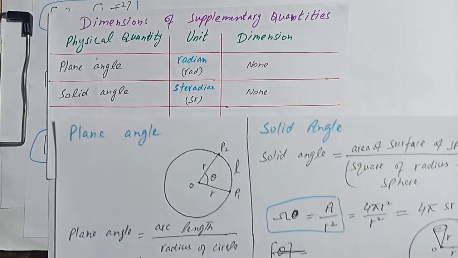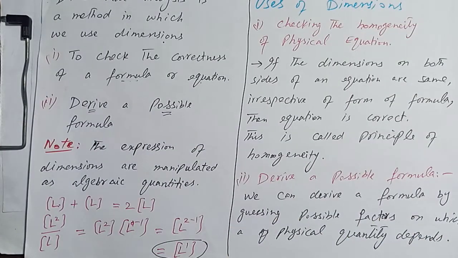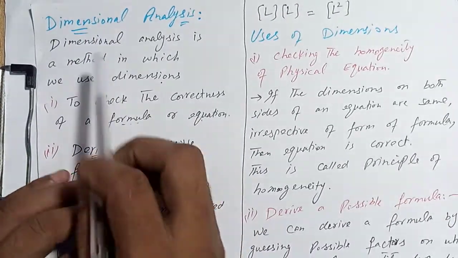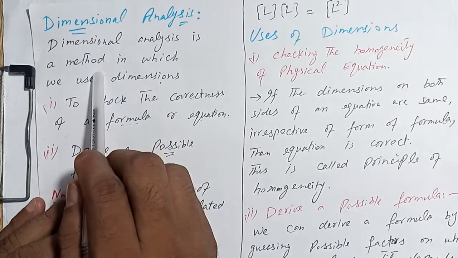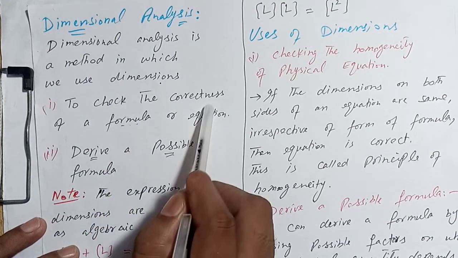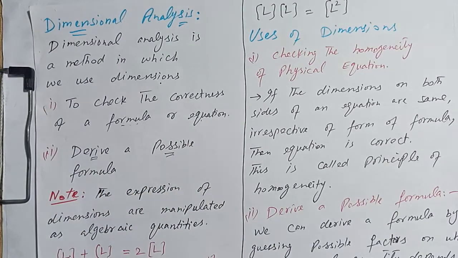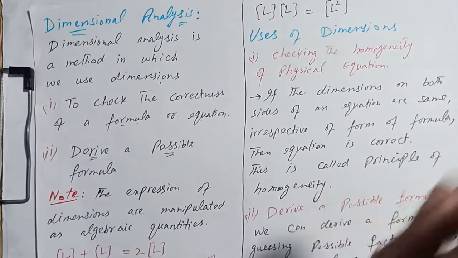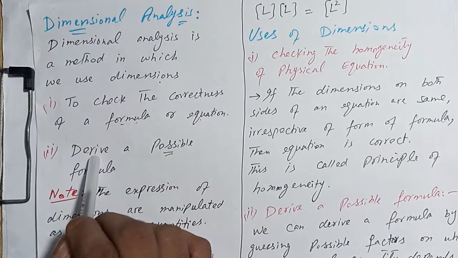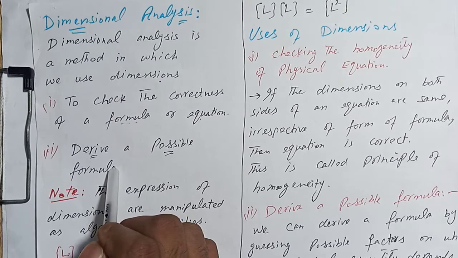Now we talk about dimensional analysis. Dimensional analysis is a method in which we use dimensions to check the correctness of a formula or equation. With the help of dimensions, we can check the correctness of an equation, and we can derive a possible formula for a physical quantity.